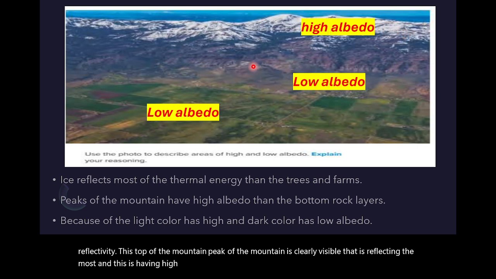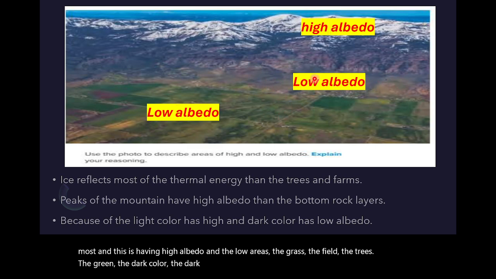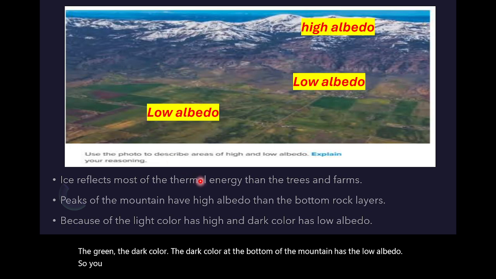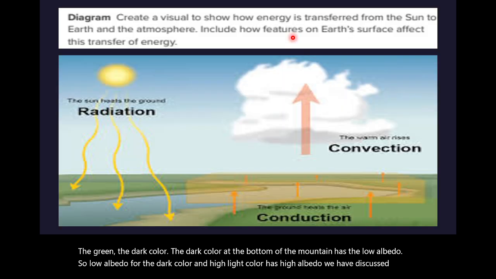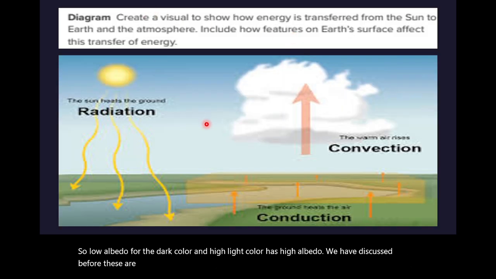The low areas, the grass, the field, the trees, the green, the dark color at the bottom of the mountain, have low albedo. So low albedo for the dark color, and light color has high albedo. We have discussed this before. These are the questions we are practicing for the examination.